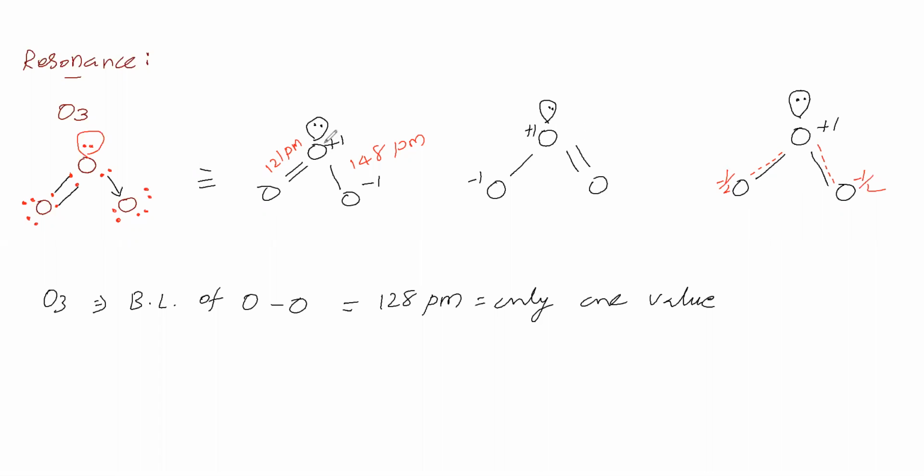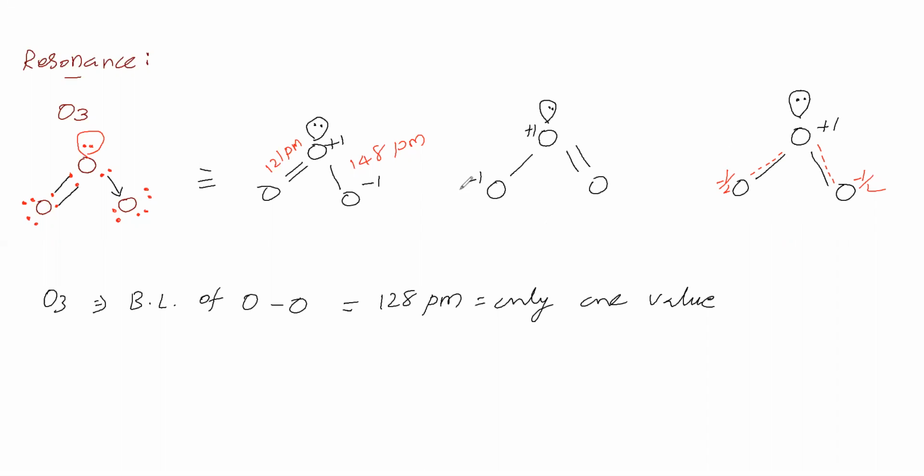So this bond length is greater than 121 and lesser than 148. The experiment says 128, in between 121 and 148. Therefore, this structure explains the experimental fact, and we can say it is the actual structure of ozone.